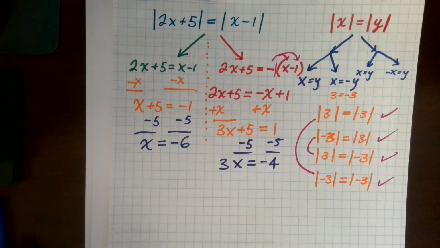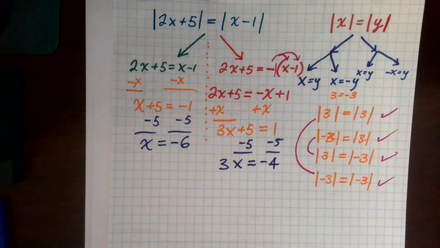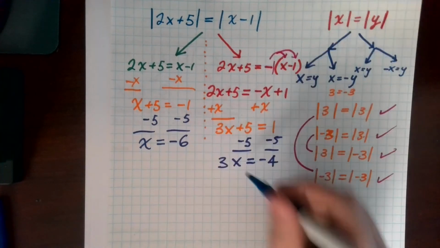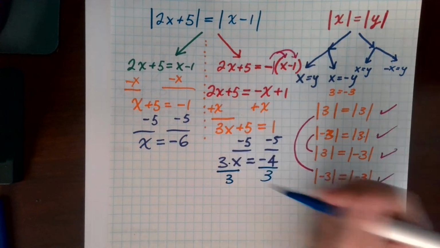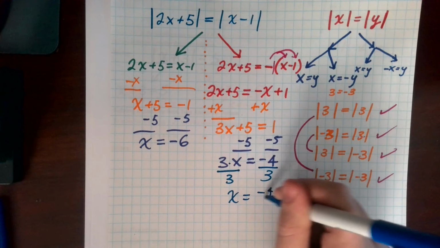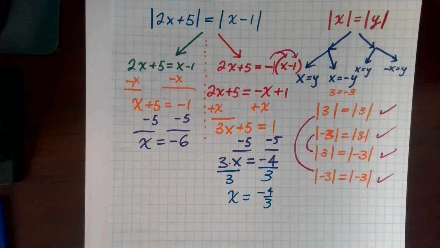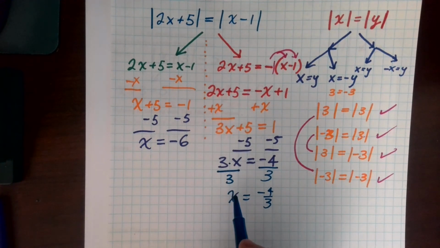This one requires an extra step, you might notice, and that extra step is to get x by itself. So we will divide by 3, because that'll get rid of multiplying by 3, leaving us with x equals negative 4 thirds. We now have our two solutions. x equals negative 6, x equals negative 4 thirds.